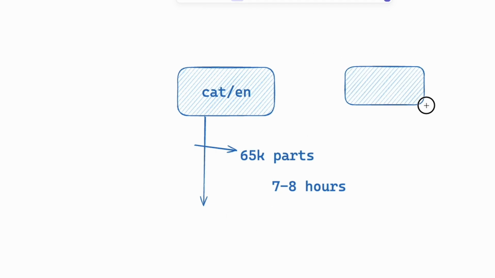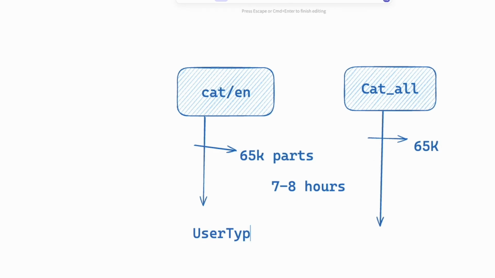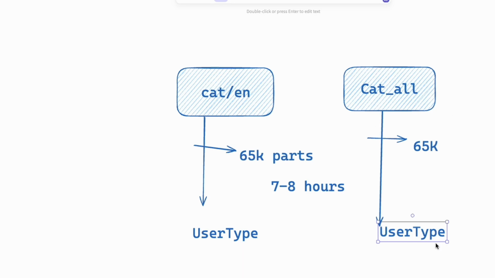So what we can do, we have created a new catalog for all languages, and we have uploaded all the parts here, and then we have the user type. So we remove the user type from here and add it for this catalog. Now the user would not be able to see this catalog because we have removed the visibility, and now the user would be able to see only this.